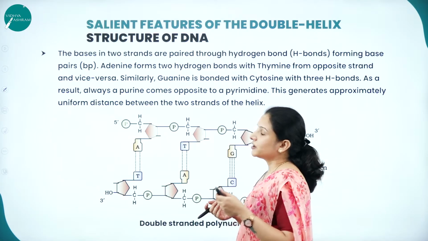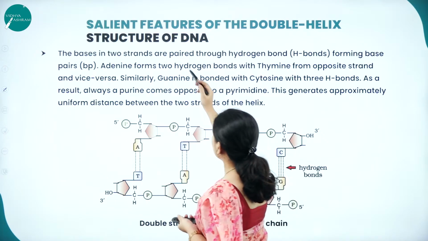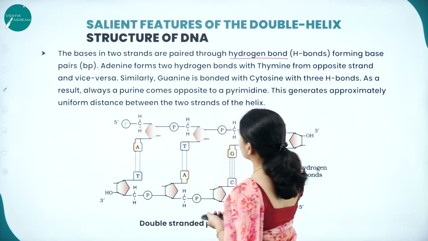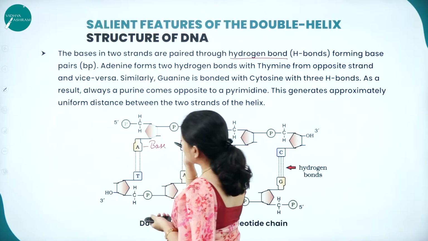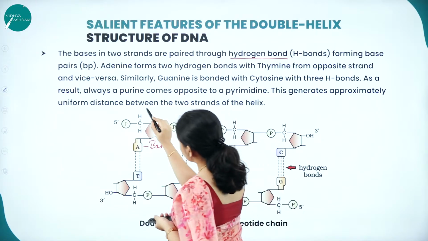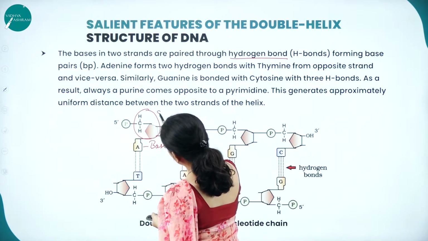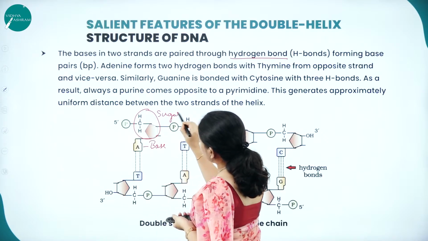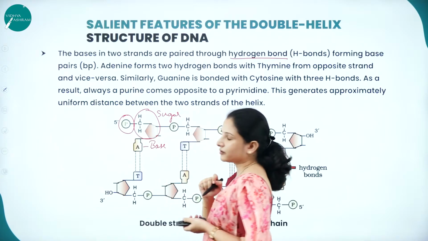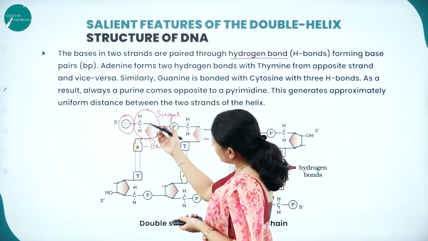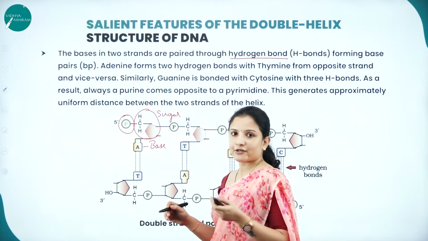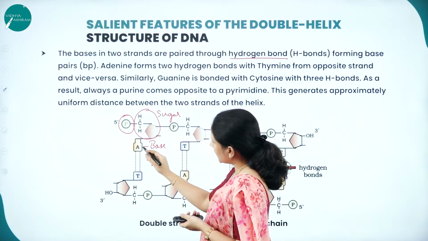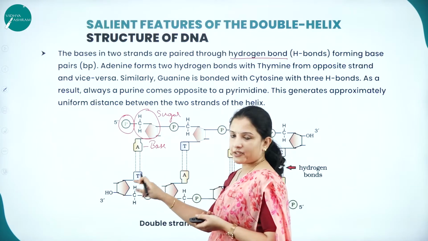Moving further, the bases in the two strands are paired through hydrogen bonds. Can you see here? These are the two bases that are present. What did I tell you? The backbone is made up of sugar and a phosphate group, right? And inner to that, towards the inside of the DNA, they have the nitrogenous bases. So here, adenine, what is complementary to adenine?